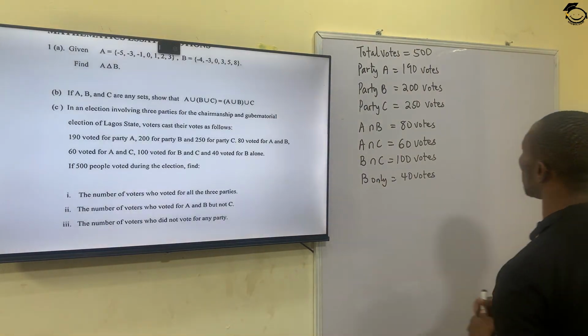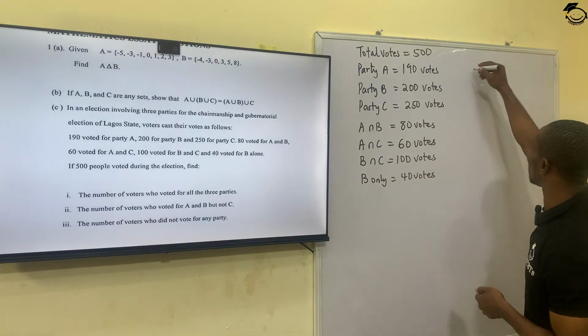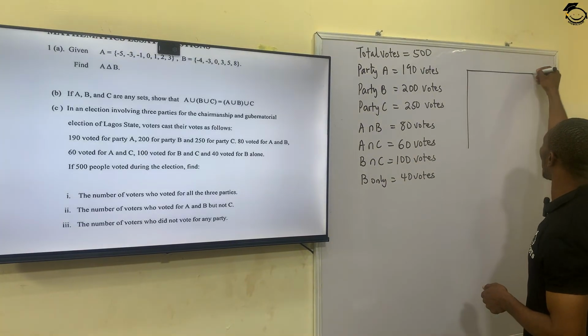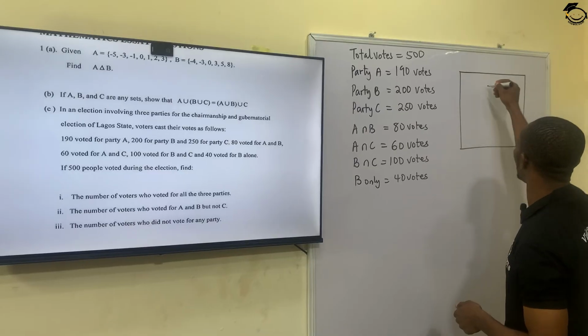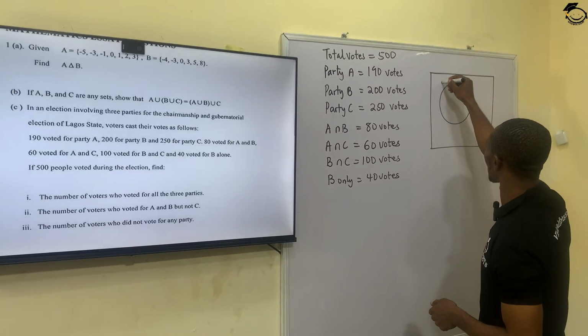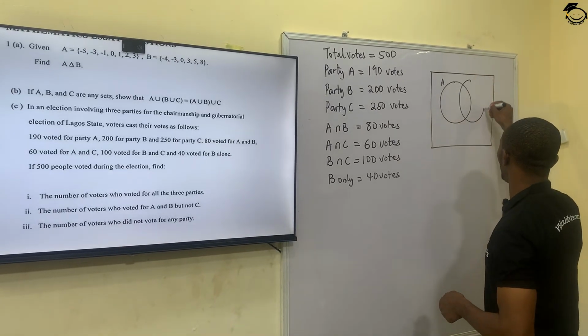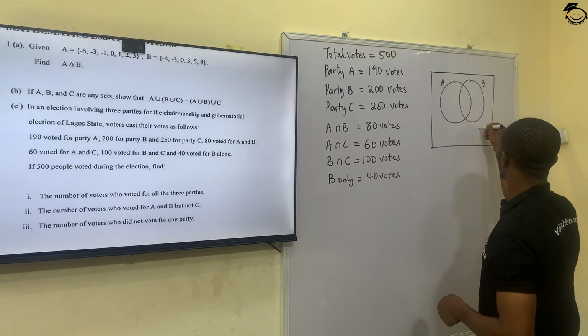From our question, we know that there is an intersection between the three parties. We have Party A, Party B, and Party C.